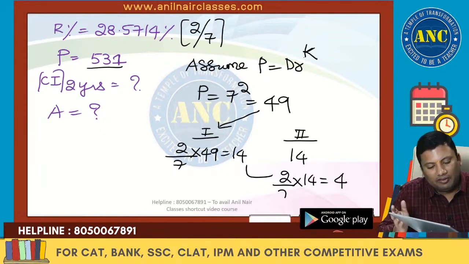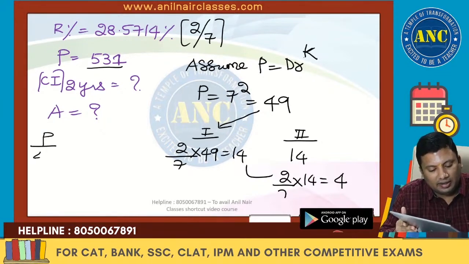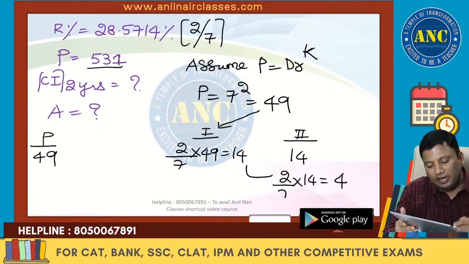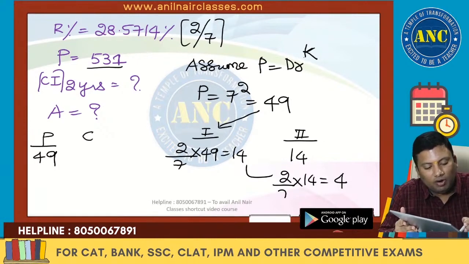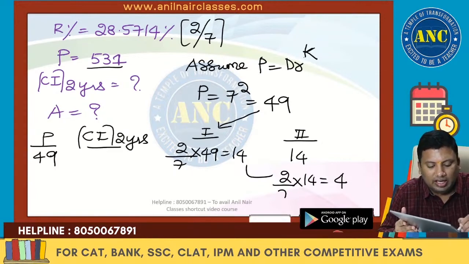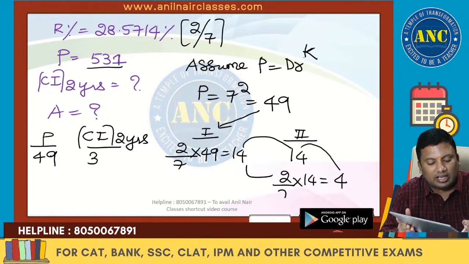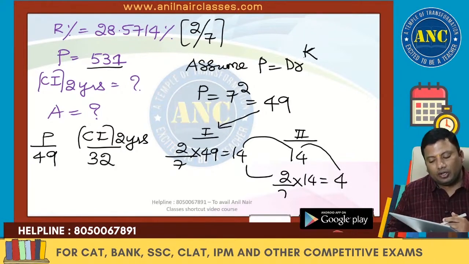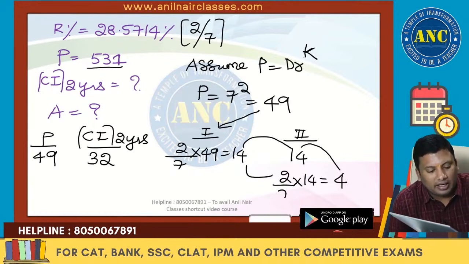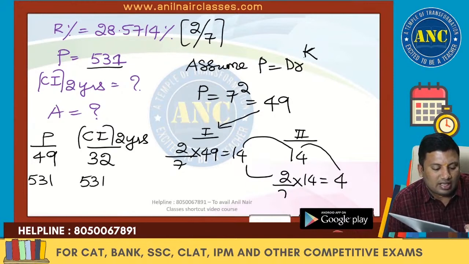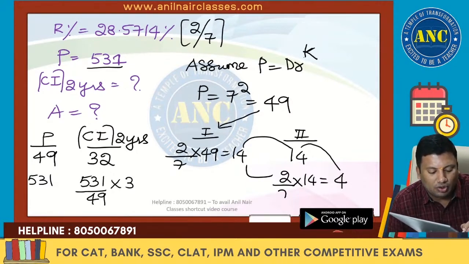Now if the principal is 49, what is total CI for 2 years? It is 14 plus 14 is 28, 28 plus 4 is 32. Total CI for 2 years is 32, but according to the question the principal is 531. So the answer is 531 by 49 into 32.